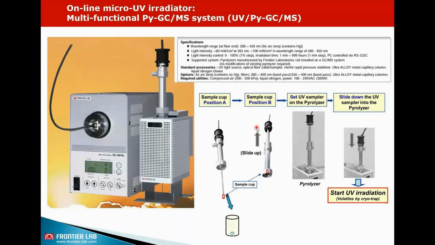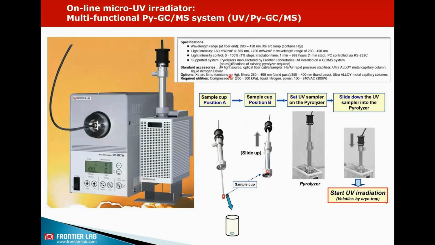The good thing is we can easily insert this UV probe with the optical guide. Okay, so optical fiber, which we use like a waveguide or light guide, so we can expose the sample. And as you know, for PY-GCMS we take a very small amount of sample, so even for exposure we need very little light.